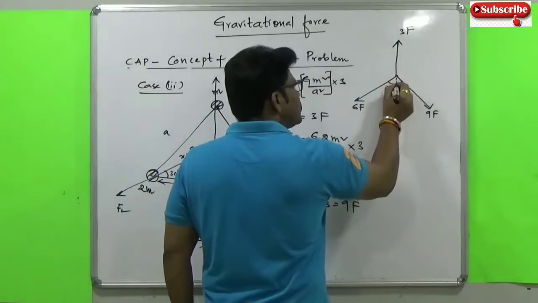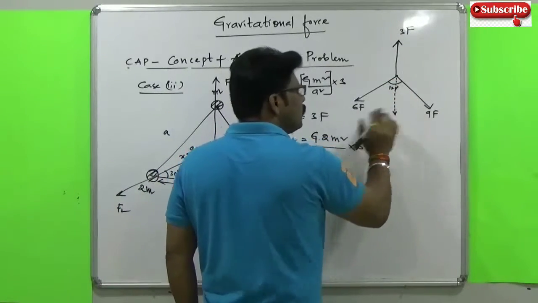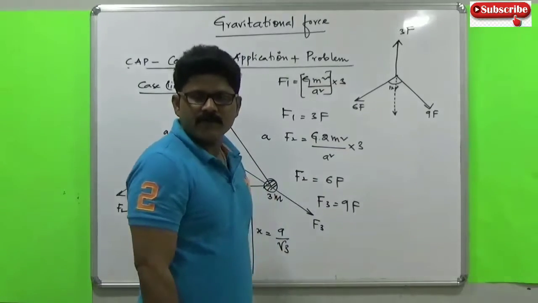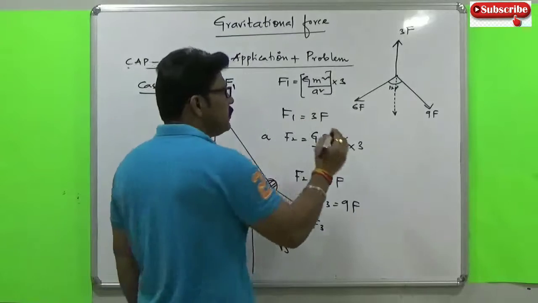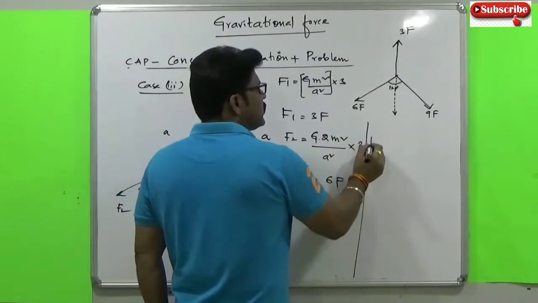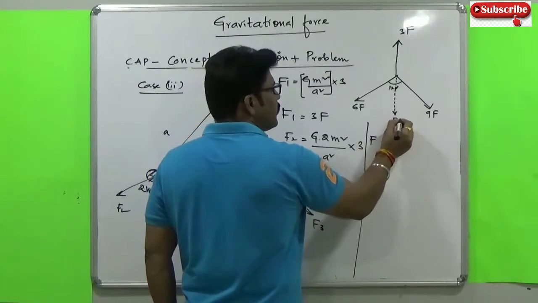Now I can calculate the resultant between these two. So cos 120 is how much? Minus 1 by 2. Let us call the resultant f dash.